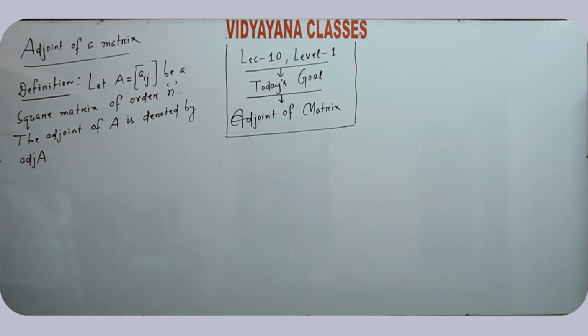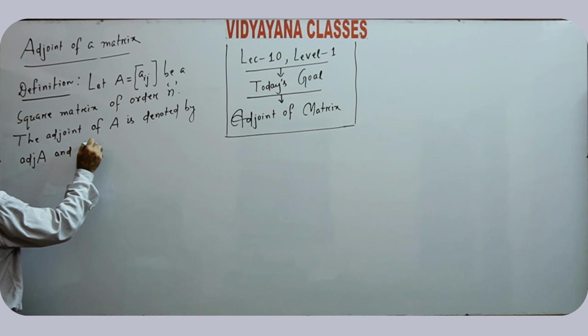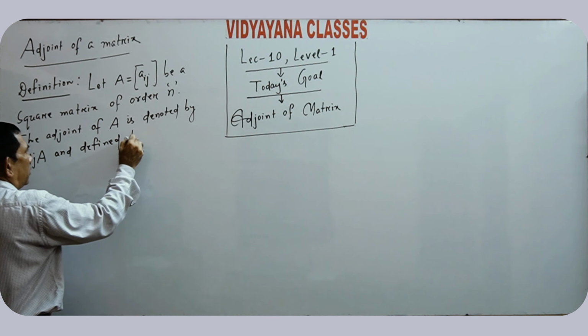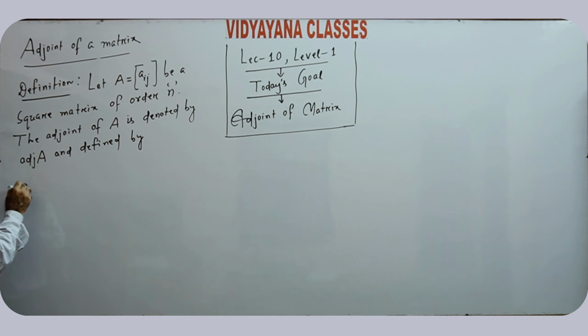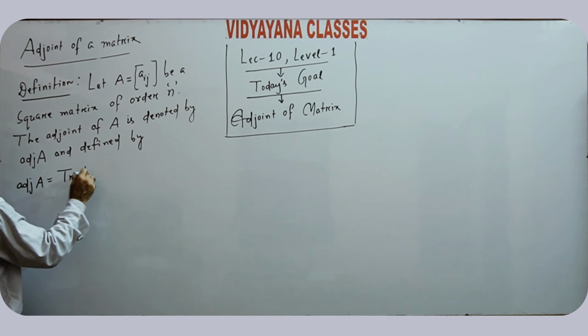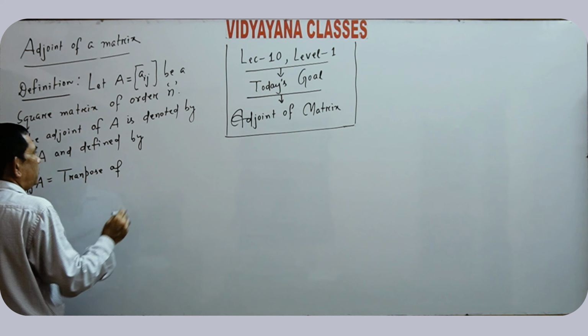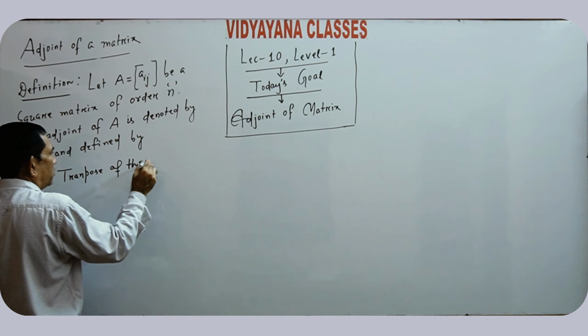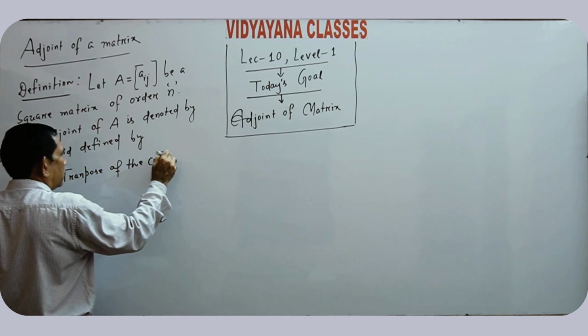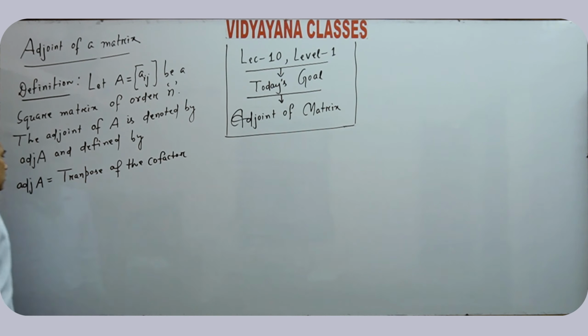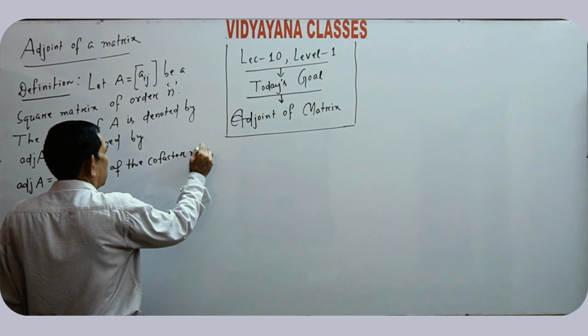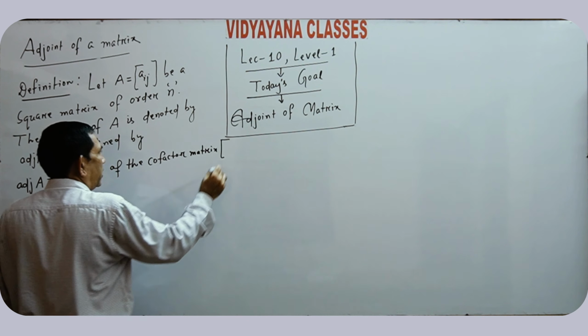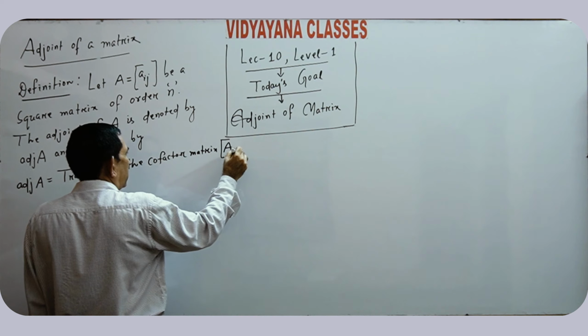The adjoint of A is denoted by adj A and defined by adj A is equal to the transpose of the cofactor matrix having element A_ij.